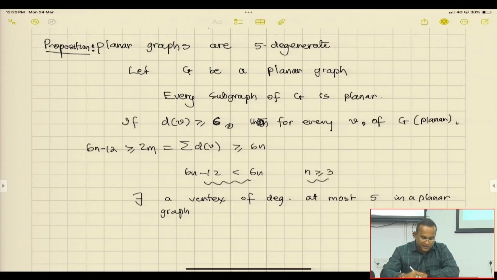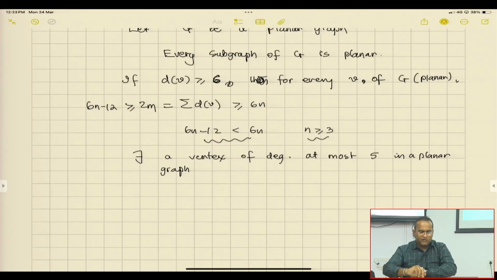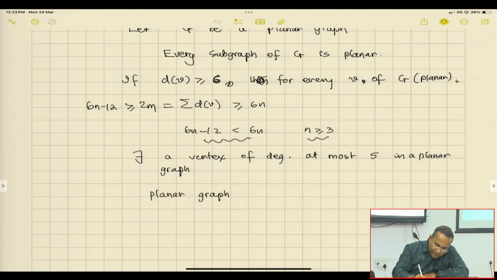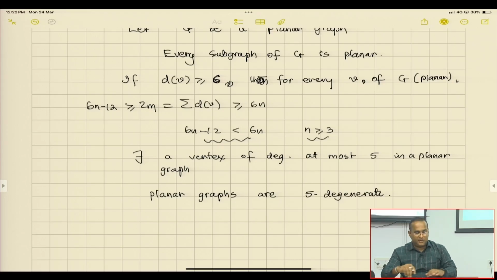Because of that we can say that planar graphs are 5-degenerate.